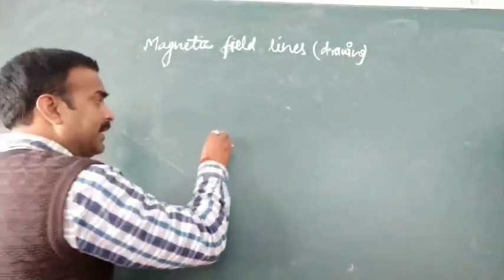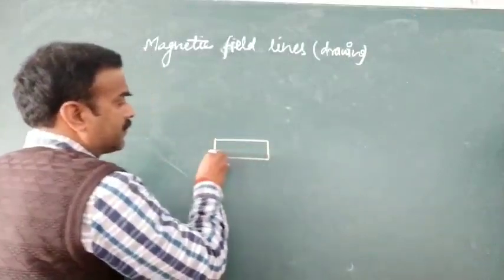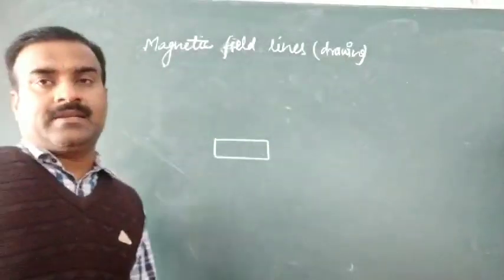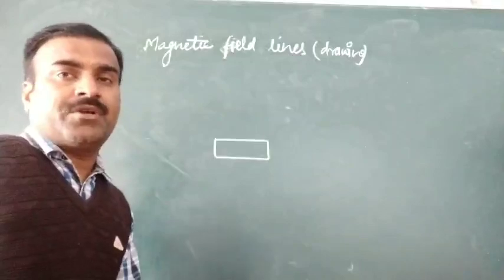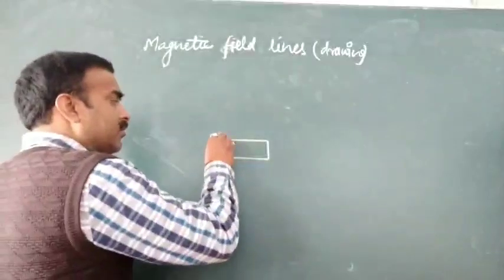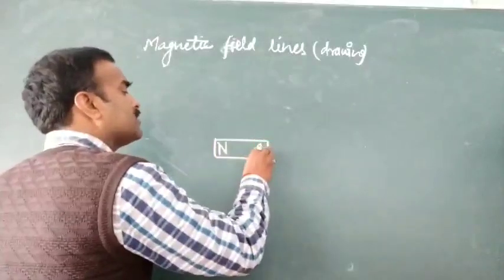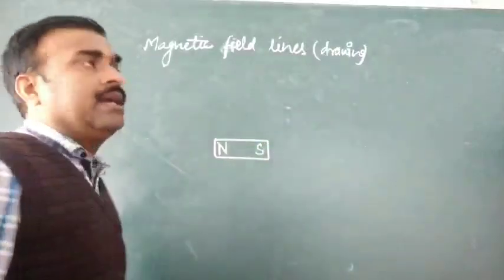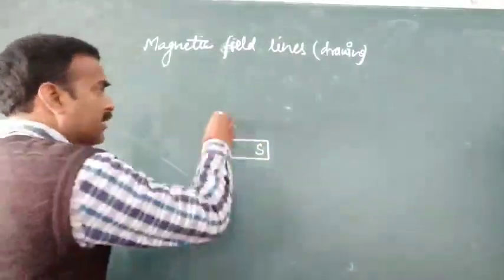Take a bar magnet. I have already explained, but again I am going to explain. Take a bar magnet. This one is the North Pole, and this one is the South Pole.